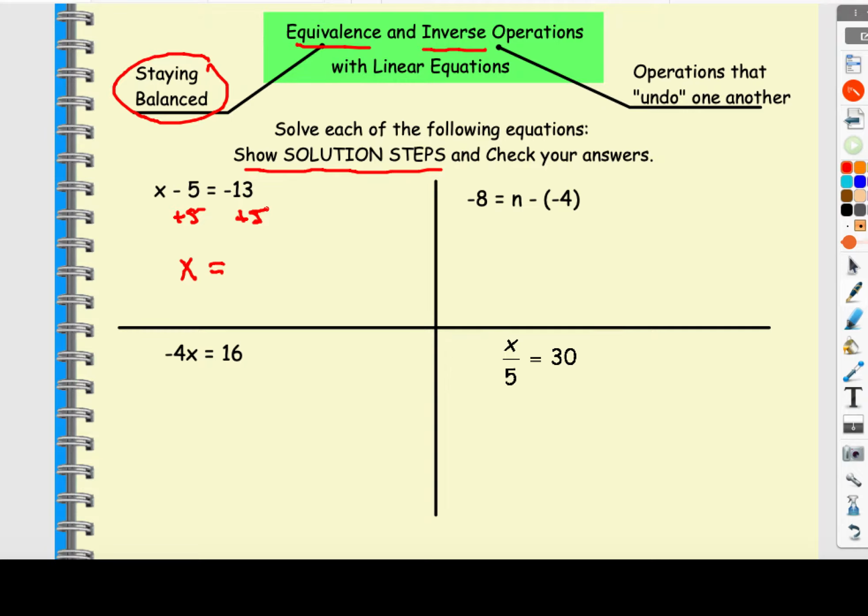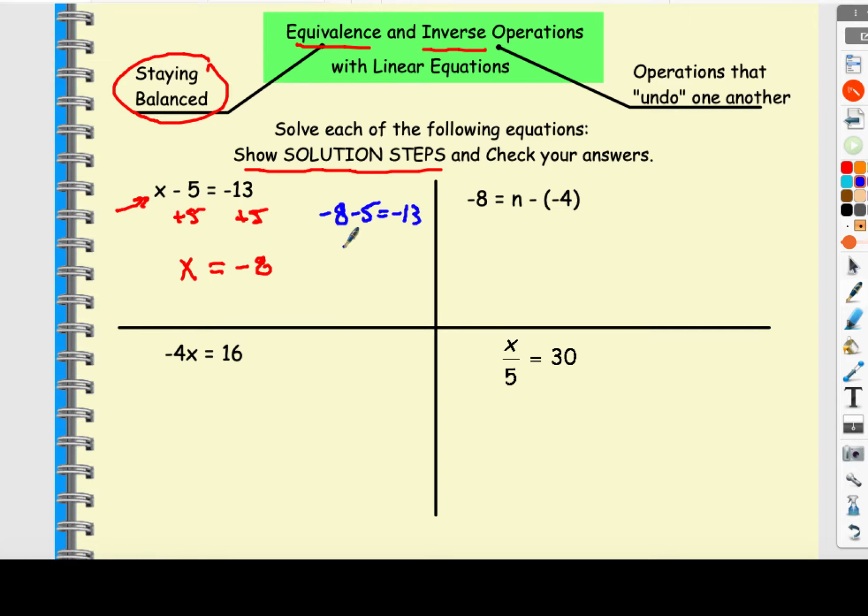So negative 13 plus 5 on the right side of my equal sign becomes negative 8. Now I could plug negative 8 back in for x and check our answer. Is negative 8 minus 5 equal to negative 13?